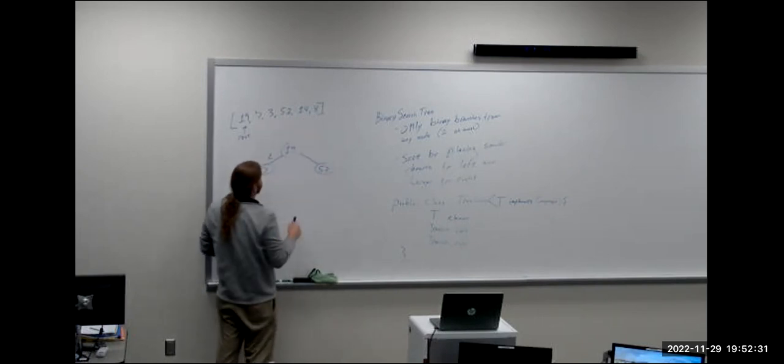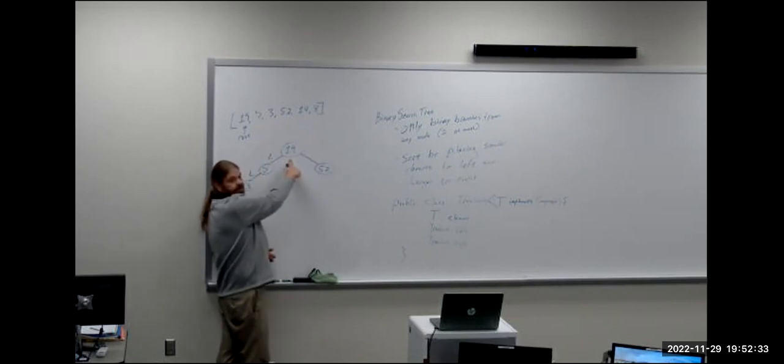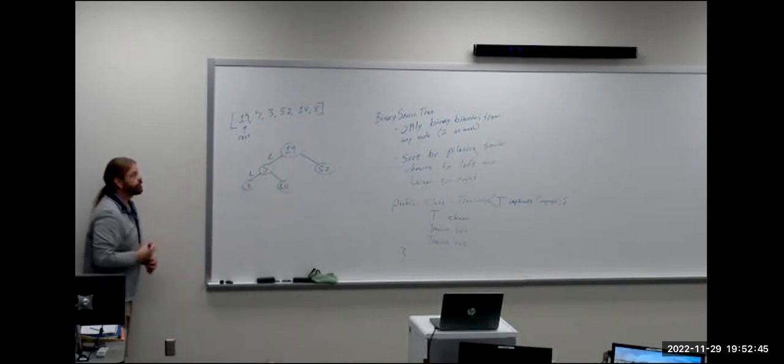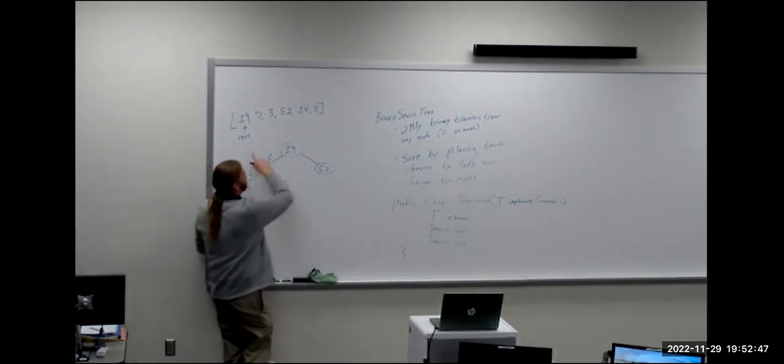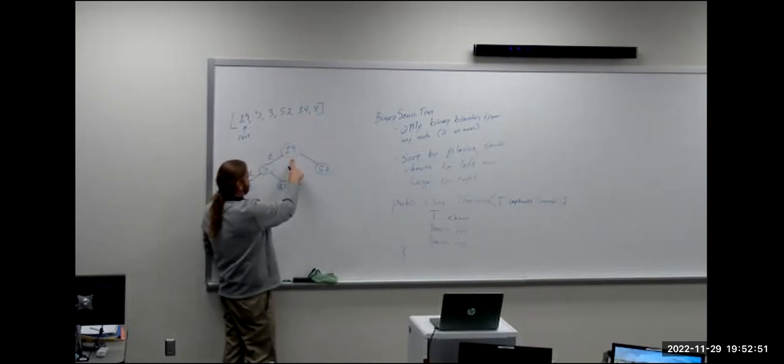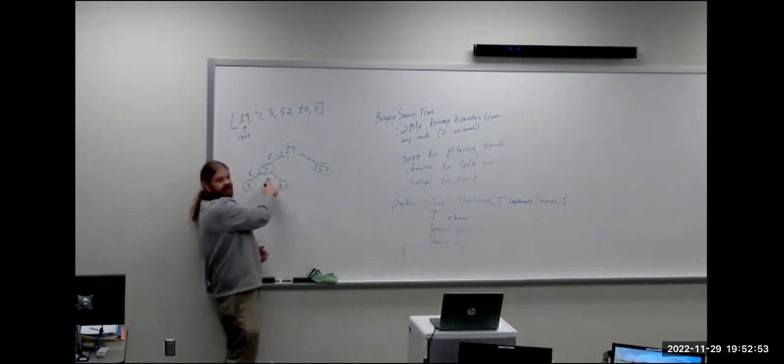Next up's a 14. We go back to the root. 14 is smaller than 19, so we go left. 14 is bigger than 7, so we'll go to the right. And then finally we have an 8. So we'll go to our root. 8 is smaller, so we go left.